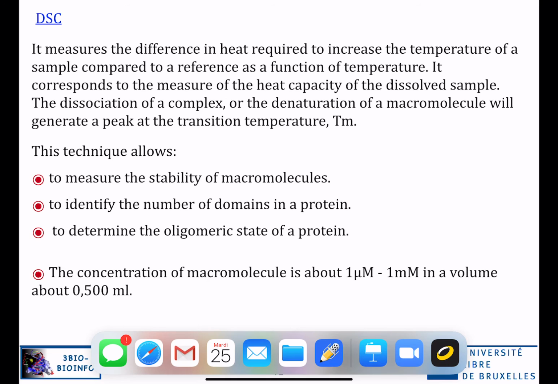Well, how do you see that? Well, if you have a protein that is multi-domain, for instance, here you have a protein that presents a first domain, and here a second domain.